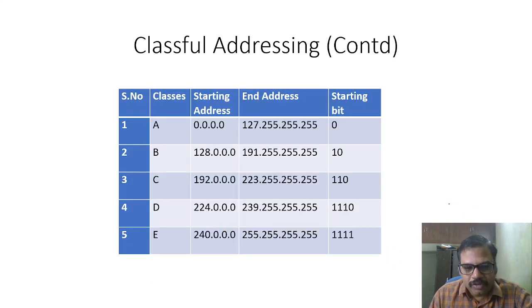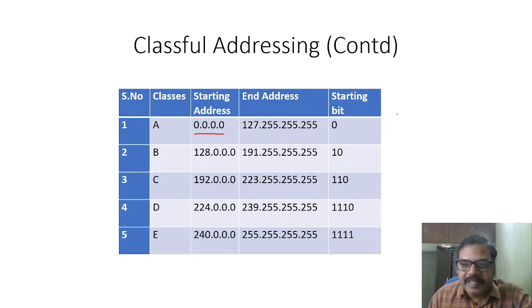We should also know the starting address and end address, because by looking at the decimal IP notation, we should be able to identify which class the address belongs to. The addresses from 0.0.0.0 to 127.255.255.255 are all class A addresses.